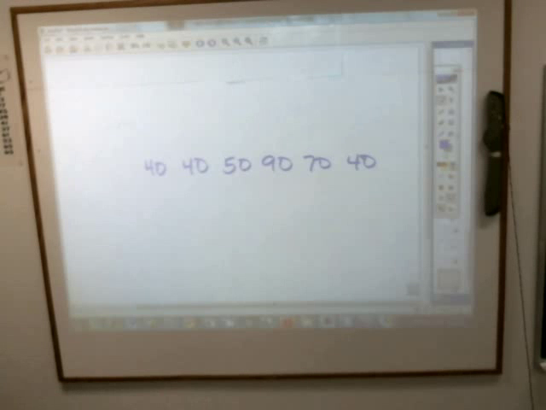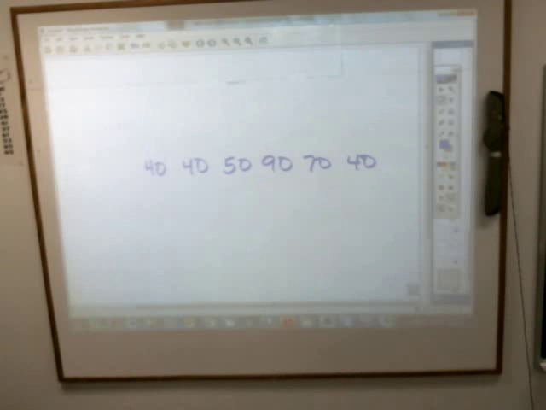Now, here's where I'm going to test you and see how much you were paying attention the last time we talked about this. Median, if you look at your notes, median was what? The middle number. Now, if you give me the middle number, you're going to be wrong. Does anybody know why?